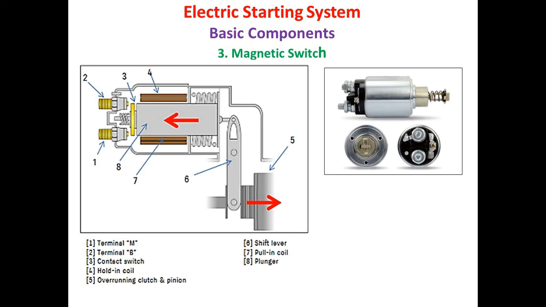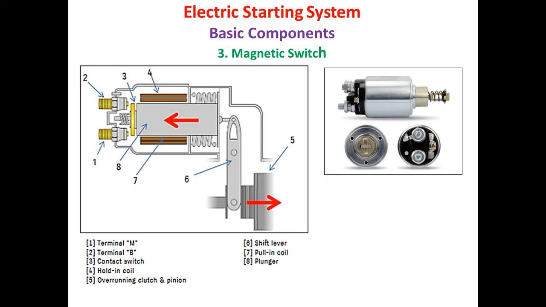Here in this assembly, a shift lever is also connected to the magnetic switch. As the plunger is pulled towards the contact switch, a shift lever is moved forward to engage the pinion of the starter motor to the ring gear of the flywheel so that the pinion will transfer that rotary motion to the ring gear of the flywheel.